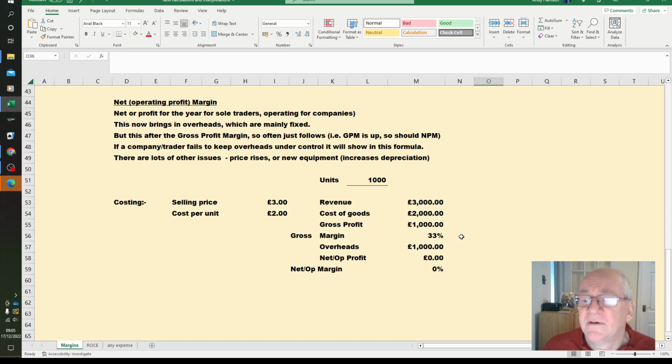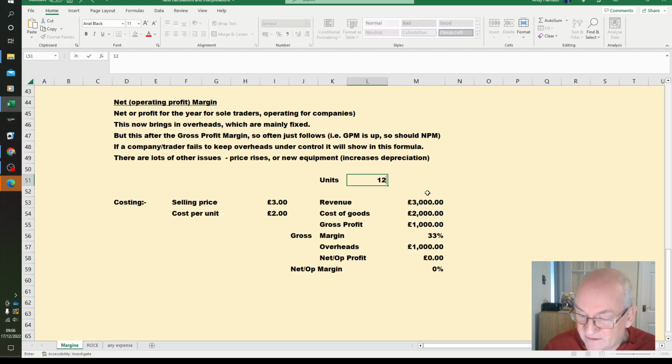So let's just do a nice simple one. Reduce the overheads, and suddenly our operating profit margin, net profit margin goes up. Not a particularly difficult calculation. However, let's see the effects of volume.